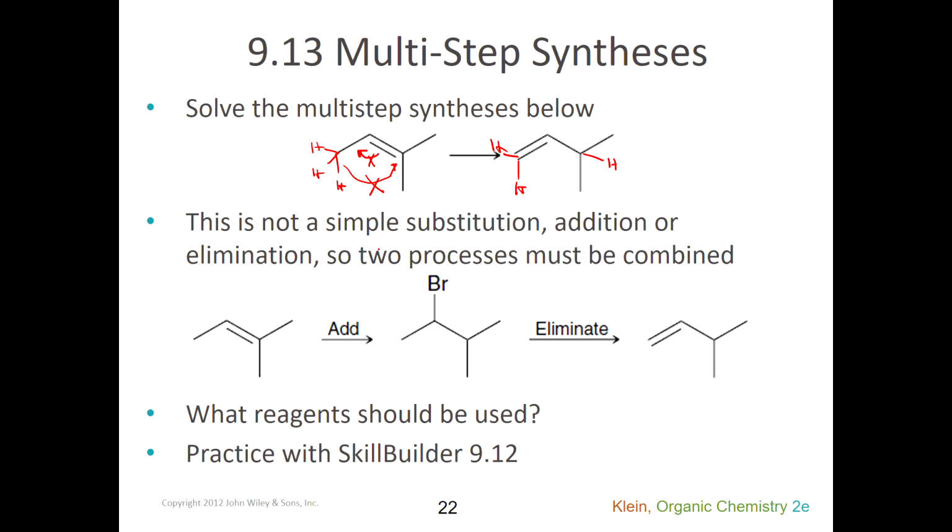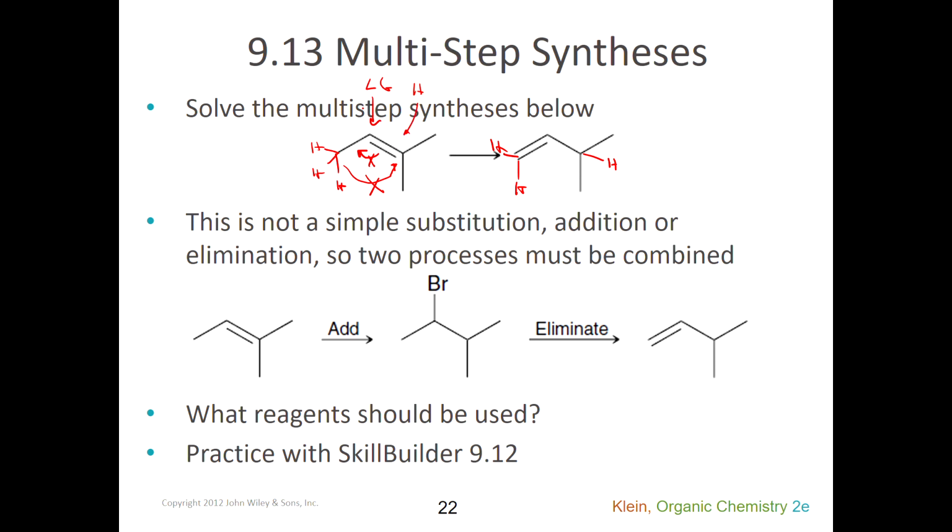There's no one reaction we've talked about that can, through any mechanism we've talked about, do this reaction with one set of reagents. So if I want the alkene moved to a different spot, I would think about doing an addition in a controlled way where I get a leaving group on this carbon and a hydrogen on this carbon.